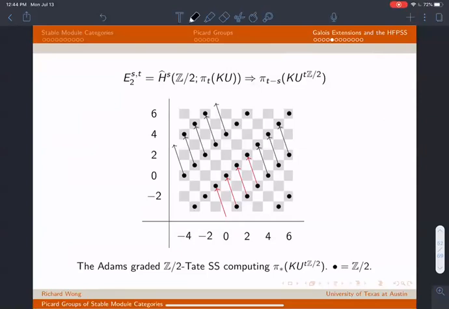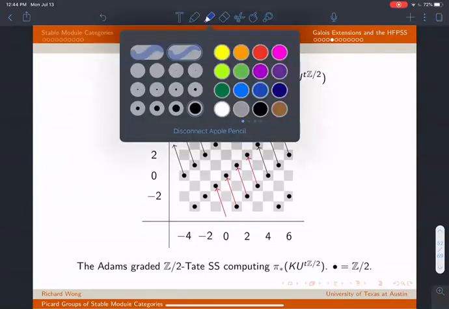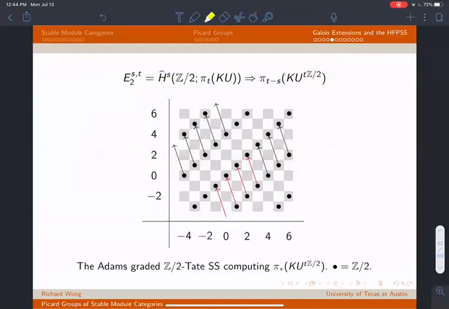So this is a picture of what the E2 page looks like. And everything above the 1 line, all these classes and differentials, are coming from the homotopy fixed point spectral sequence.